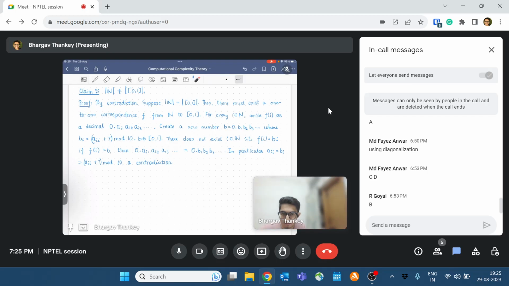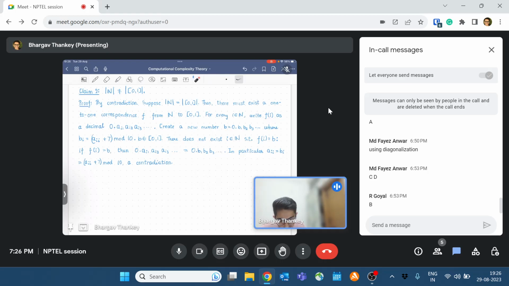In fact, it is not clear. What is A_ii? We are looking for the correspondence of the ith number in the set of natural numbers. So the ith term is f(i). And what is A_ii?